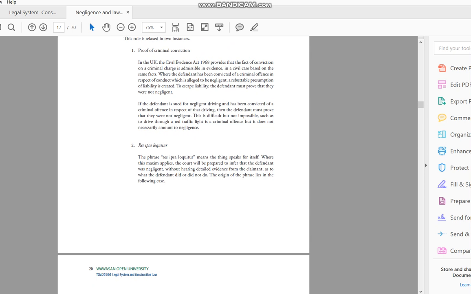You still have to look at it from two perspectives, whether they are breaking the law and committing negligence, and then from there establish that this action will cause negligence. It's not direct. If someone is sued for negligent driving and has been convicted of a criminal offense in respect to the driving, the defendant must prove that they are not negligent. They broke the law, but they are not negligent.